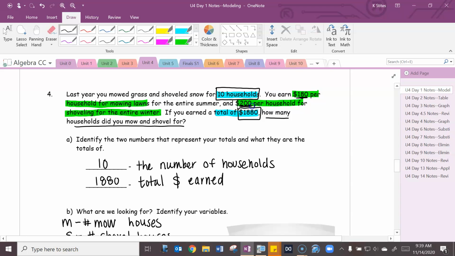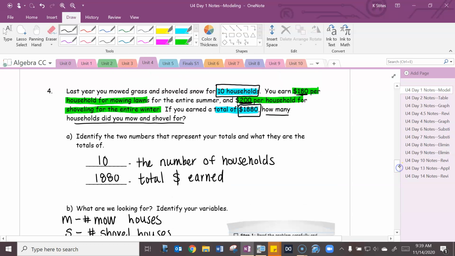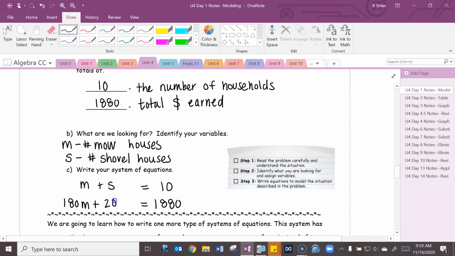So the money goes together: the 180, the 200, and the 1,880. We mowed for $180, so that's going to be 180M. And we shoveled for $200, so that's going to be plus 200S. And that will be equal to your 1,880. Notice how these three values are all money, so they're going to go together.